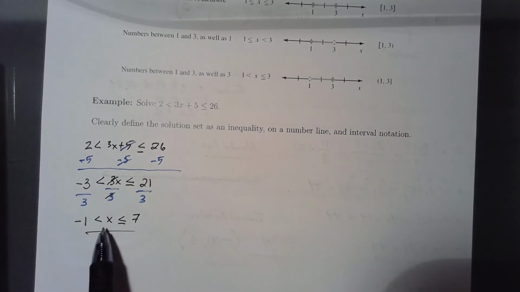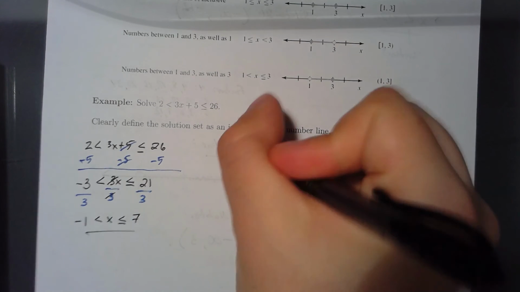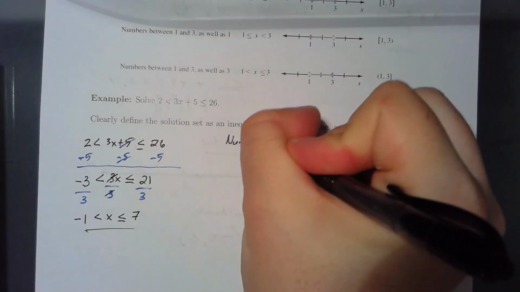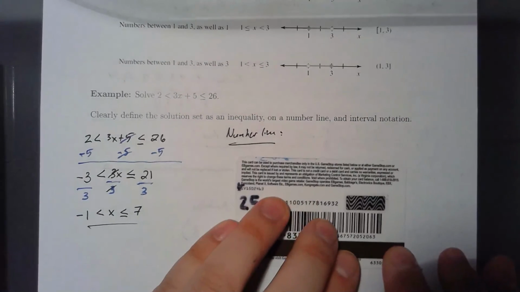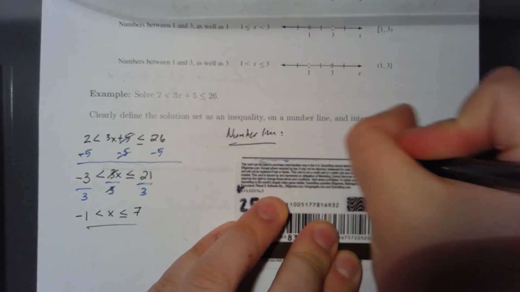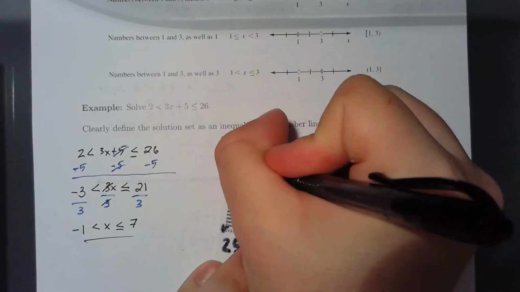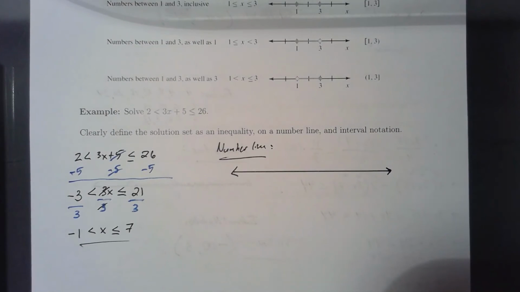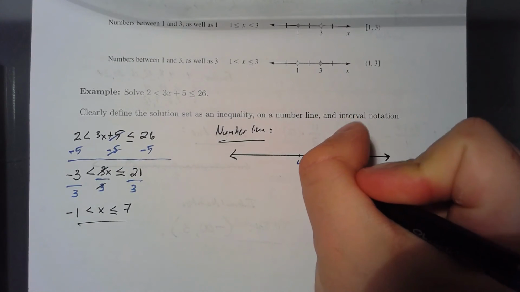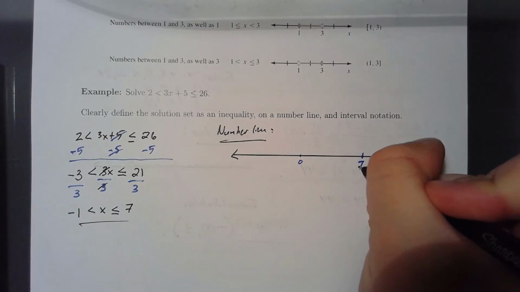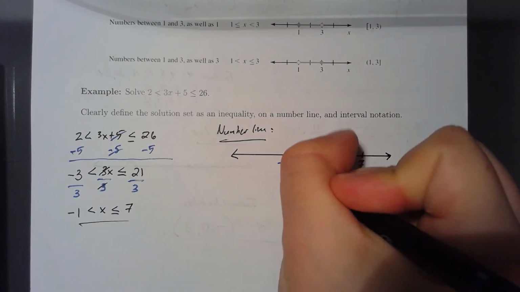There's my interval. This means x is caught between negative 1 and positive 7. So on my number line, I'll just include, there's 0, 7's over here, negative 1 is there.